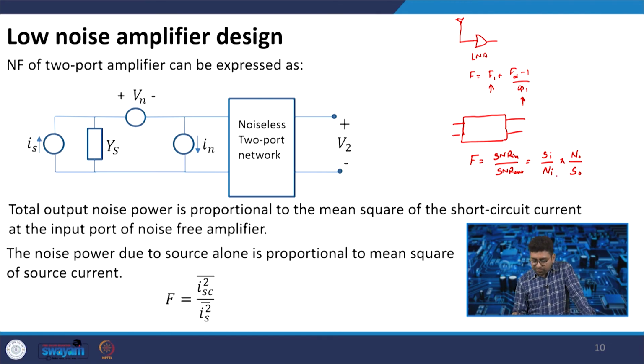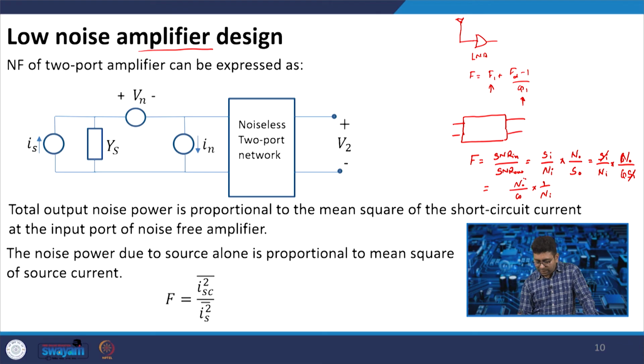Now because there is a gain involved, as we are considering the amplifier design, we can also write this as Si by Ni into G into No by G into Si. So, this Si will be cancelled out, and what you get is the output noise divided by gain, divided by 1 by Ni.